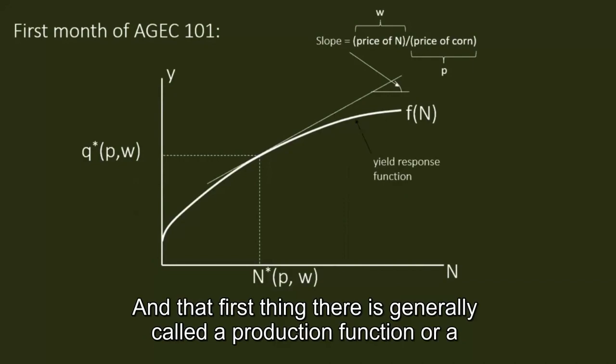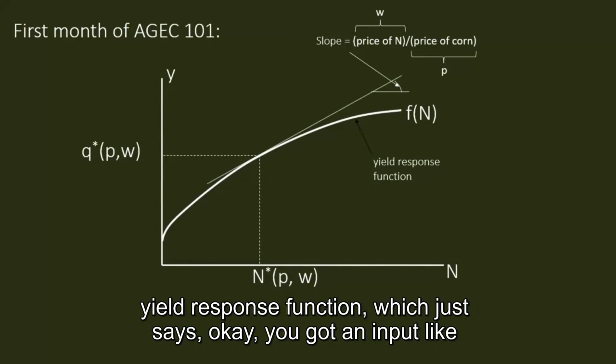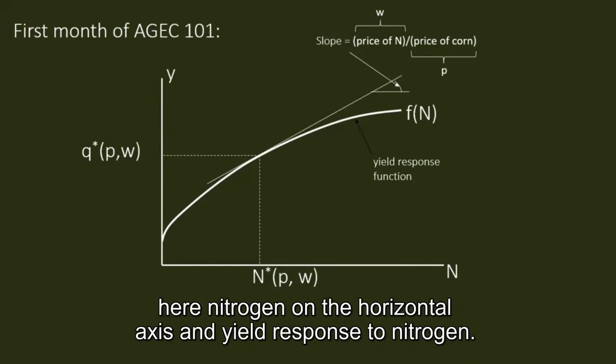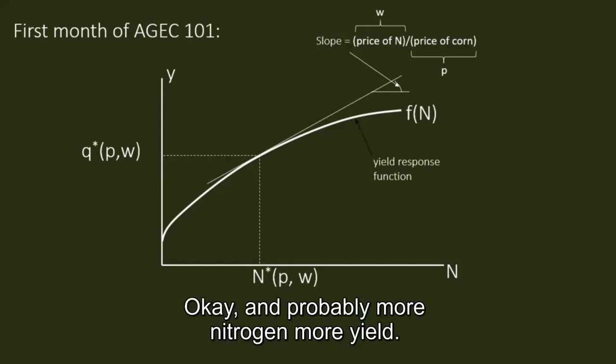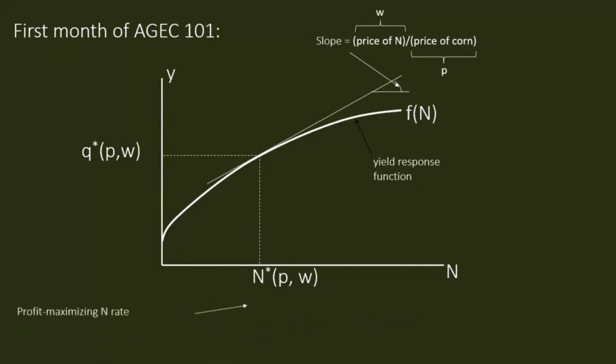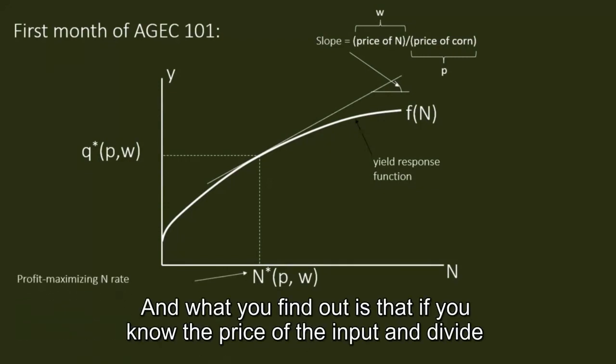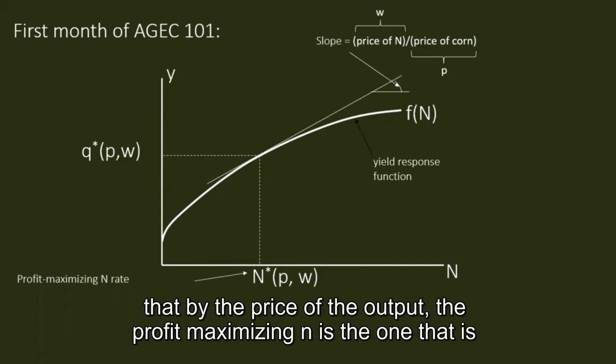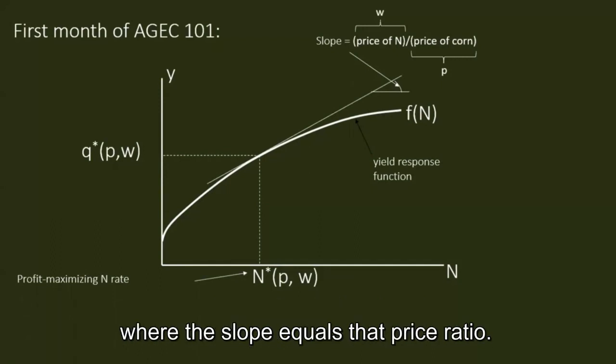And that first thing there is generally called a production function or a yield response function, which just says, okay, you got an input like here, nitrogen on the horizontal axis, and yield responds to nitrogen, okay? And probably more nitrogen, more yield. And what you find out is that if you know the price of the input and divide that by the price of the output, the profit maximizing N is the one where the slope equals that price ratio.